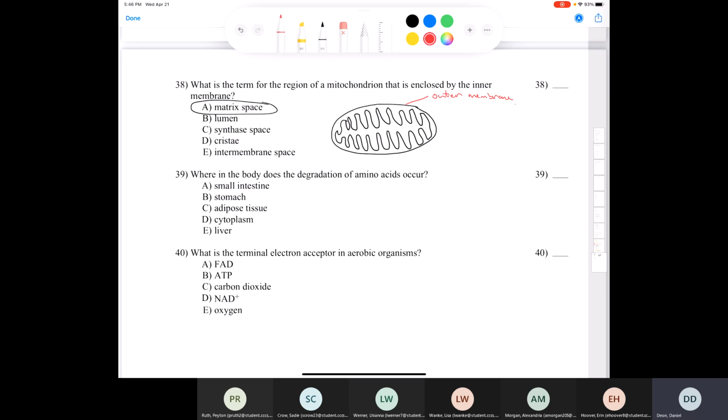Here, I'll fold it up. This is the inner membrane, like that. Okay. This region out here, outside of the inner membrane, we call the intermembrane space.